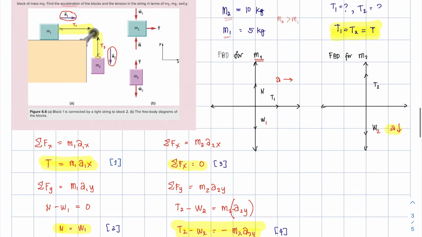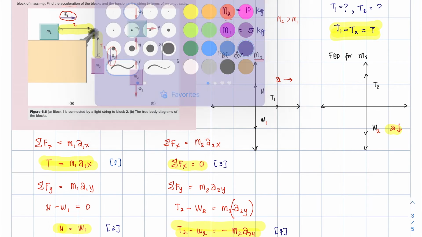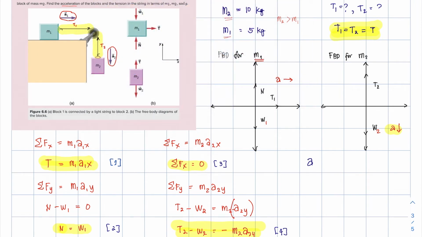Since there's no space above, I will write it below. Your acceleration along x is just equal to the acceleration along y, at least the magnitudes. And this will also be very helpful for us to solve this problem. So you need to, class, in these problems, try to make sense of them, use your common sense and also the implied assumptions of the problem so that we can solve this one.